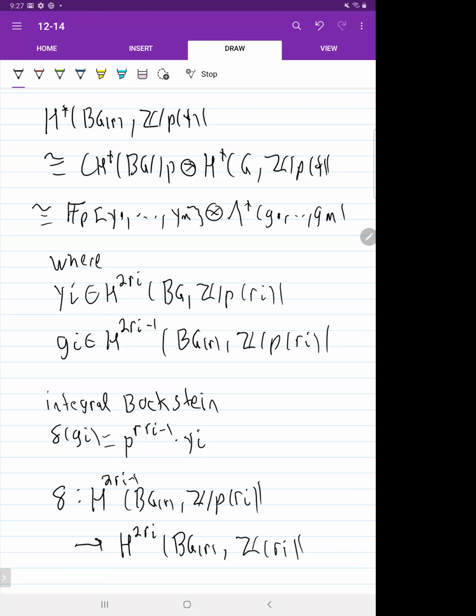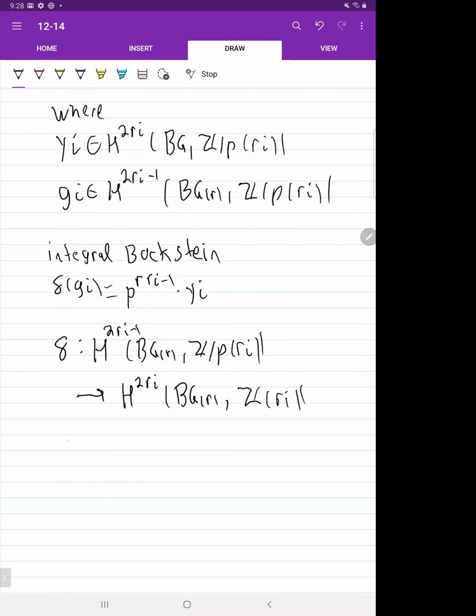And you can say this condition in other ways too, probably involving higher Bocksteins. So where r_1 to r_m are the fundamental degrees, allowing repetitions too.